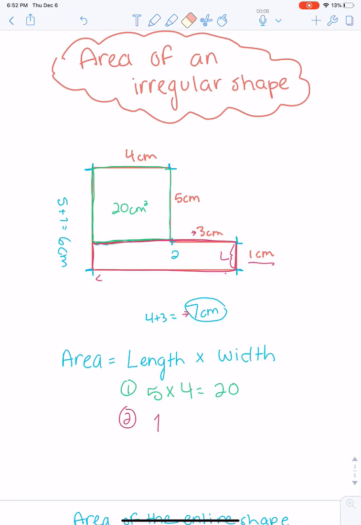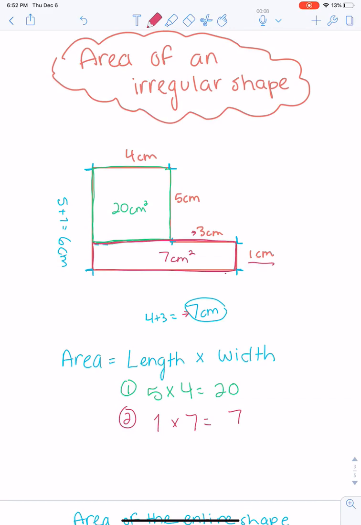It's really important that you're seeing the shape. So we plug 7 into our width, and that gives us 7. The area for our second rectangle is 7 centimeters squared.